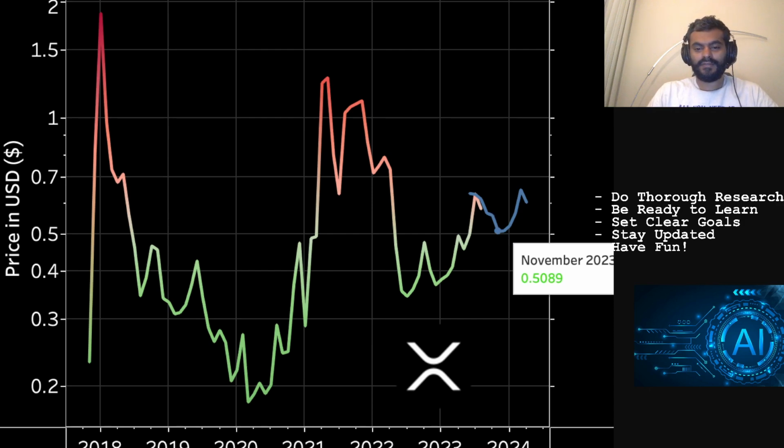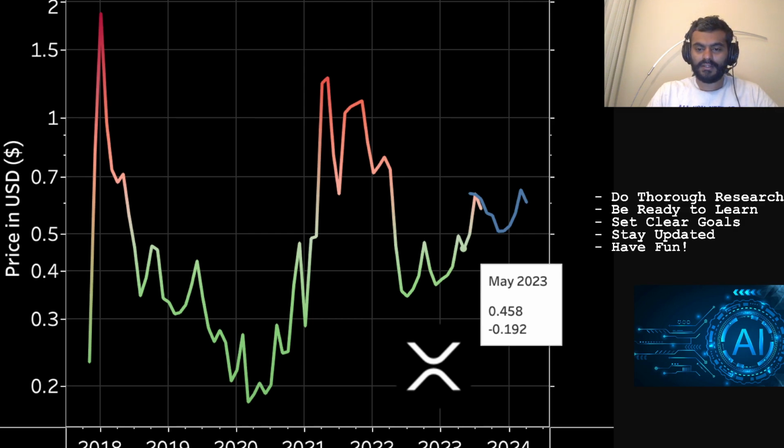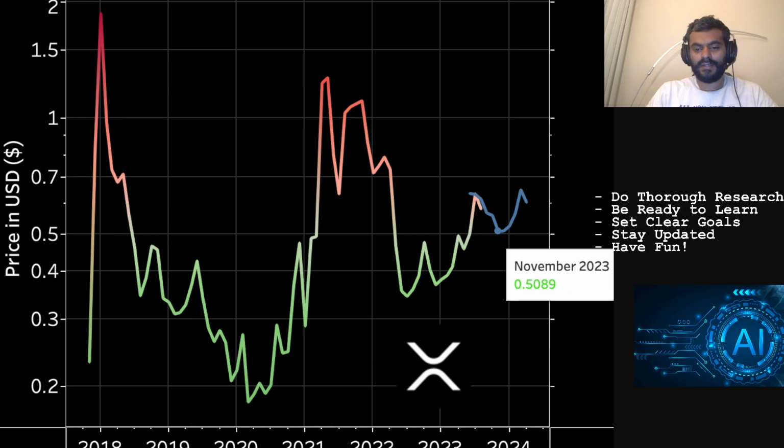November is at 50 cents. The higher low is even higher than the correction in May that XRP had, at around 50.1 to 50.8 cents, almost 51 cents.